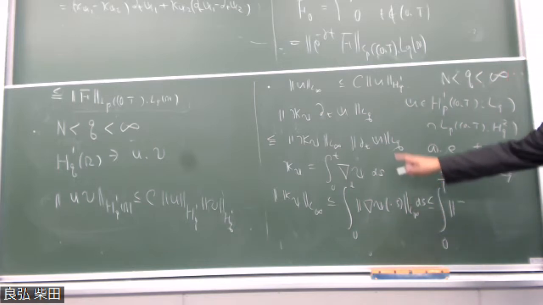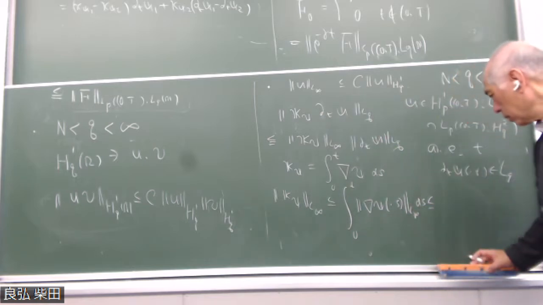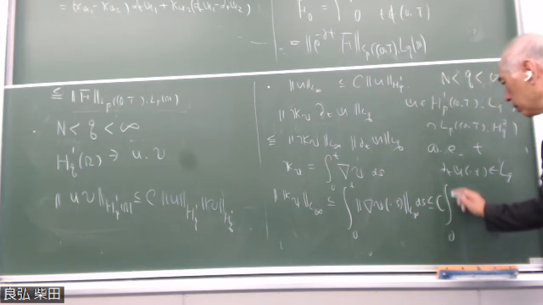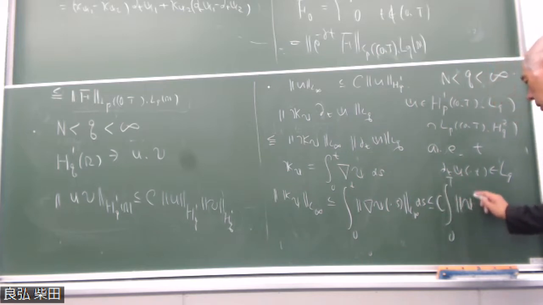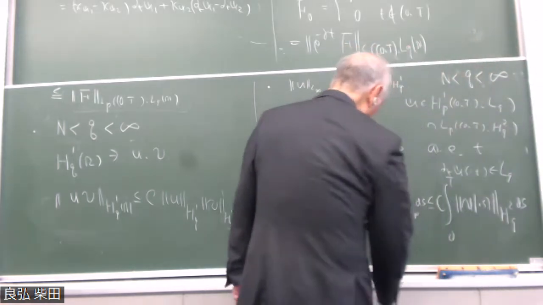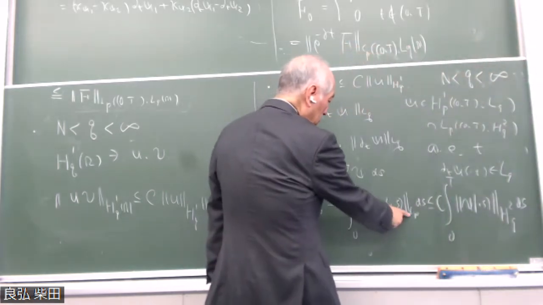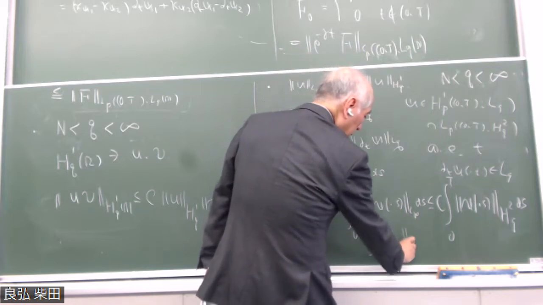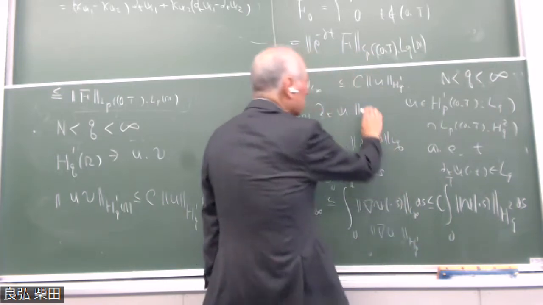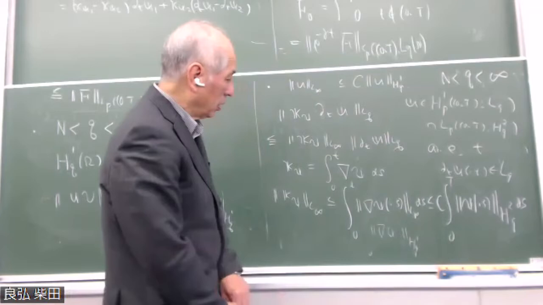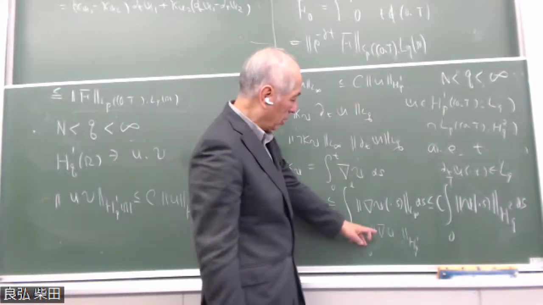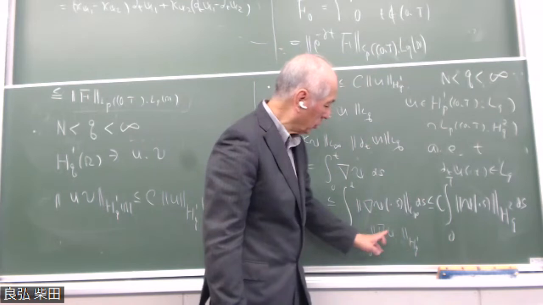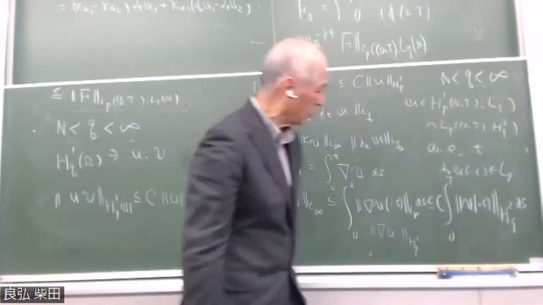And then you use this. So constant times 0T V leads to H2Q. The Nabla V L infinity norm is estimated by the gradient V H1Q norm from this Sobolev embedding, Sobolev inequality. The gradient U H1Q norm is a second derivative, H2Q norm.